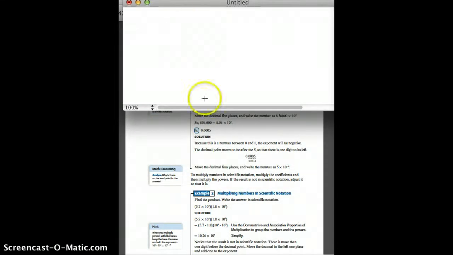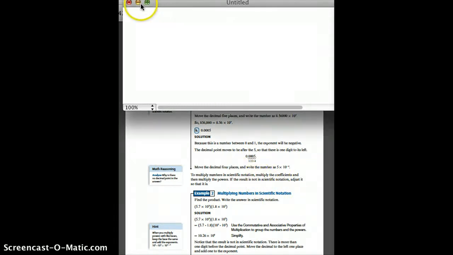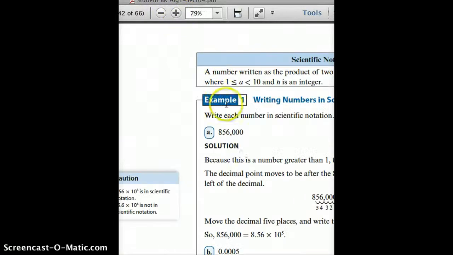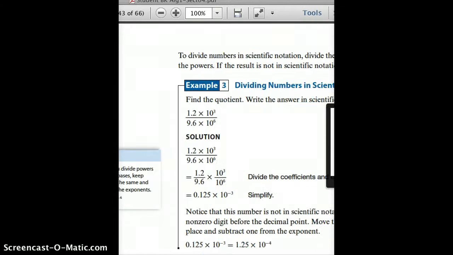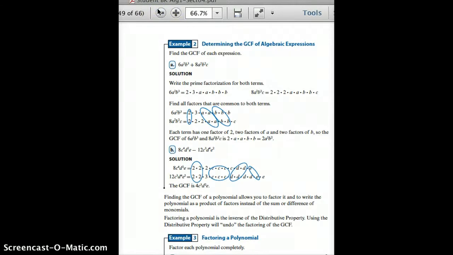Okay, we'll stop there. So now let's go to example 2. Example 2 is at the bottom of the page here. Let's take a look.